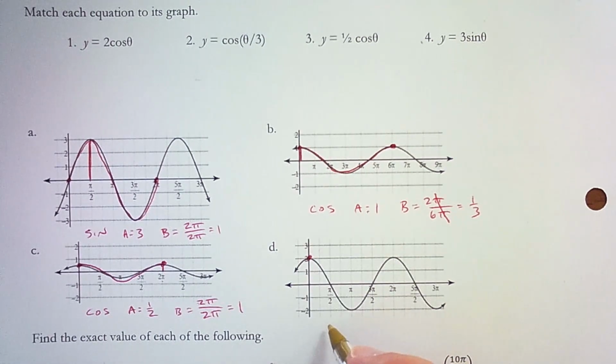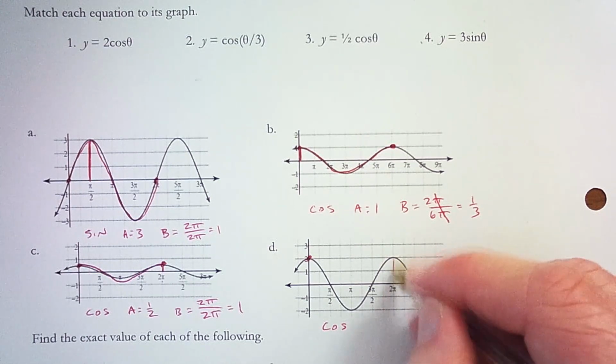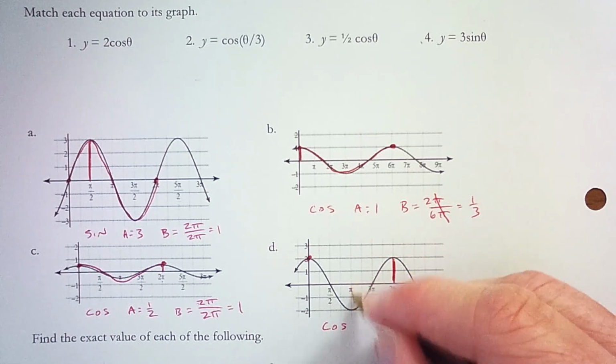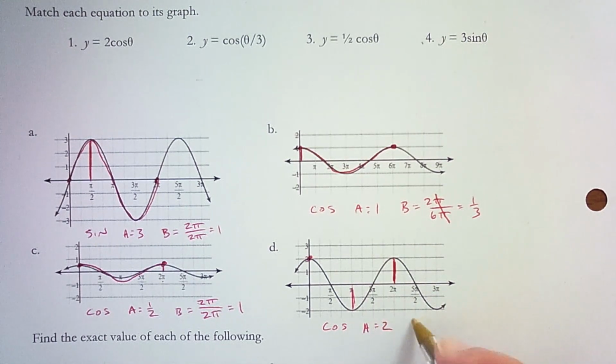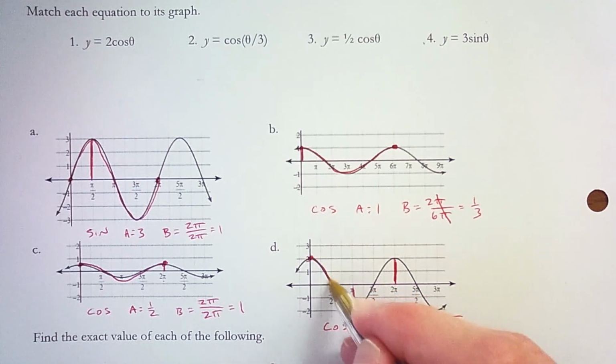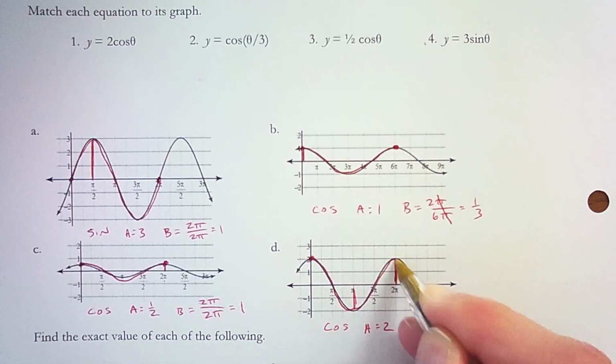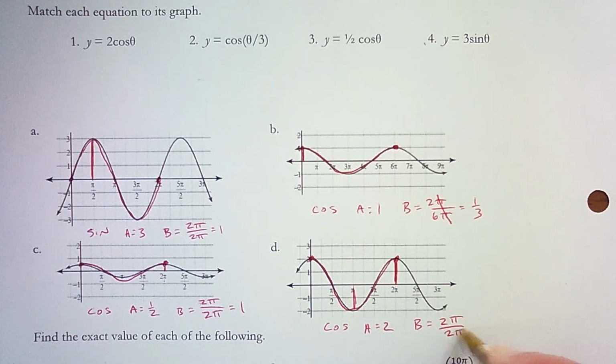And this one here starts at the maximum, so it's a cosine equation. Its amplitude, it gets 2 units above or below the center line, so the amplitude is 2. And b is 2 pi over the period. The period, let's see, trace one cycle, and we end right there at 2 pi, so the period is 2 pi, so b is 1.